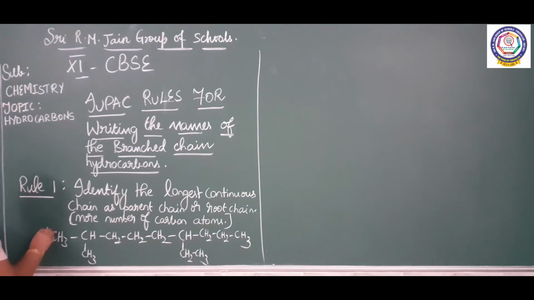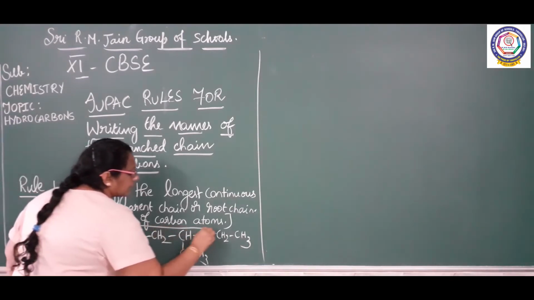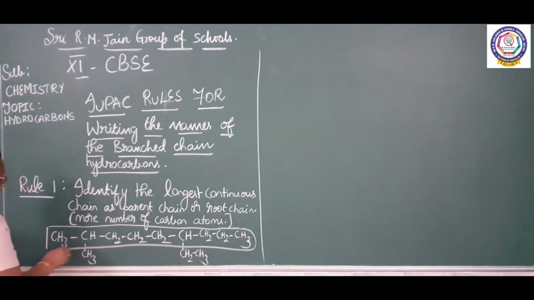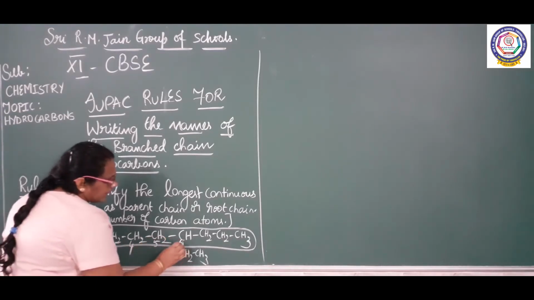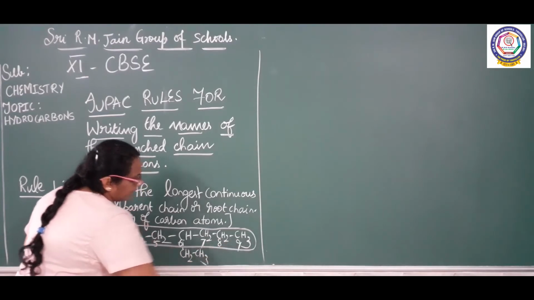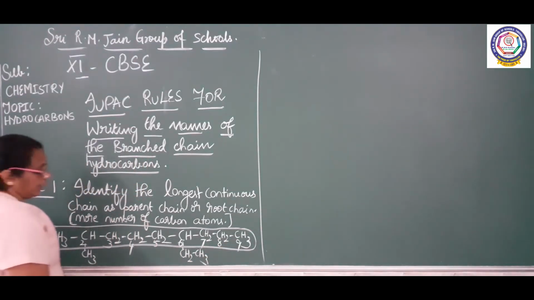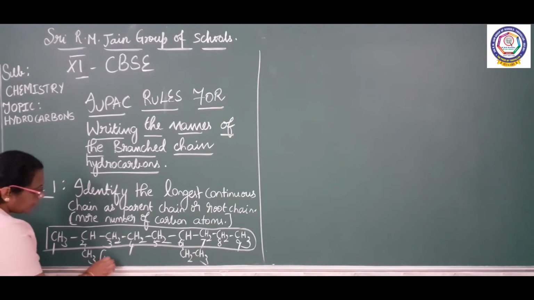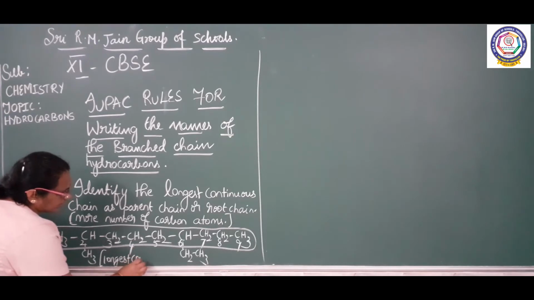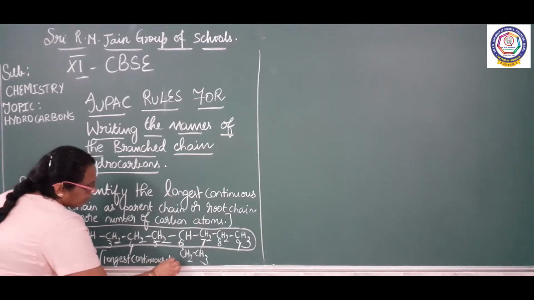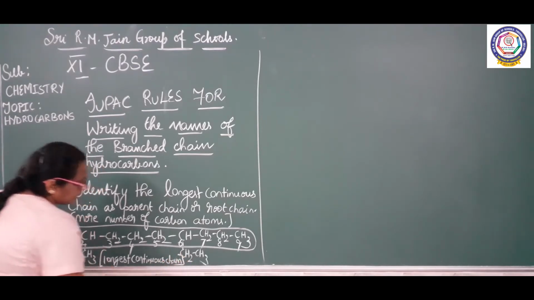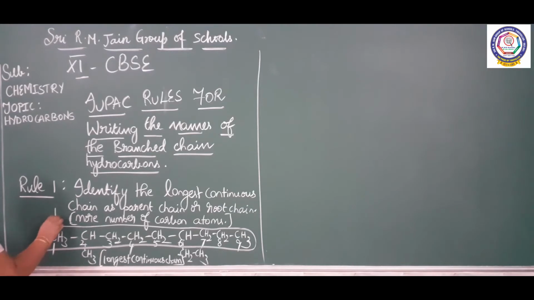See, we are going to identify the longest chain. This is the longest chain. Number the longest chain: 1, 2, 3, 4, 5, 6, 7, 8, 9. So I have 9 carbon atoms in the longest continuous chain. This is the first structure.